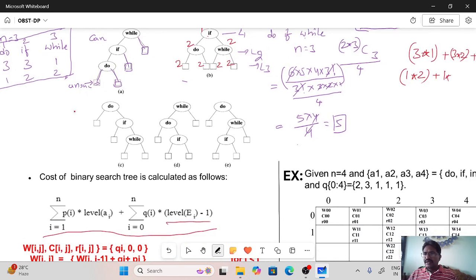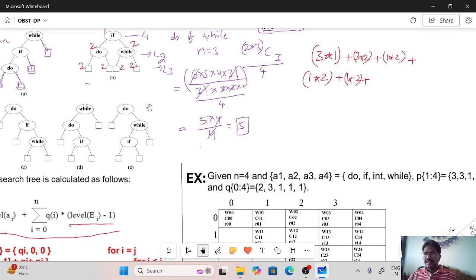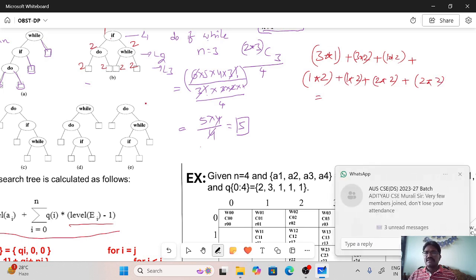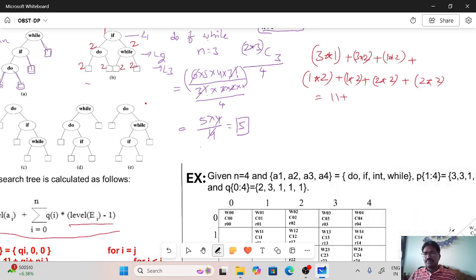So 1 times level 3 minus 1, nothing but 2, plus for the third and fourth, the frequency is 2. So 2 into 3 minus 1, nothing but 2, plus the fourth one 2 into once again 3 minus 1, 2. So the total value for the successful is 3 plus 6 plus 2, nothing but 11. For the unsuccessful, 2 plus 2 plus 4 plus 4, nothing but 12, that is nothing but the 23. So the second binary search tree cost is 23.